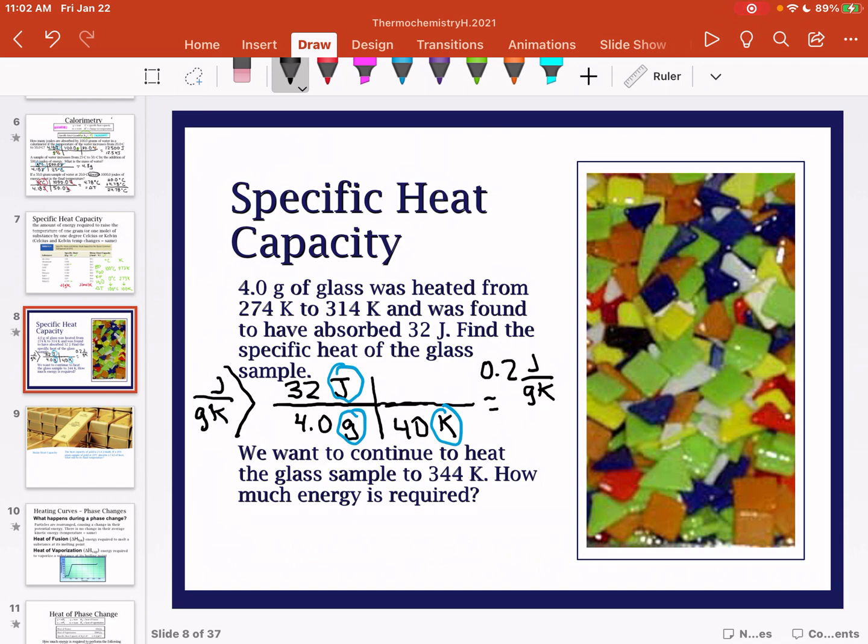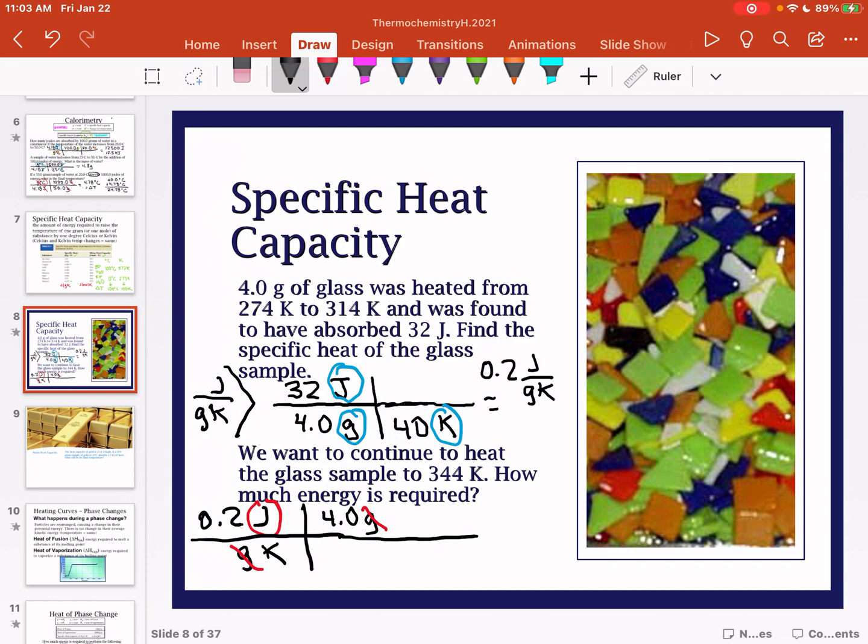So now that we have the specific heat capacity, we'd like to see, if I heat the sample, how much energy is required. So I'm going to start with my constant this time because it has the most units and I want to knock down what I don't want. I want to keep joules and get rid of grams and Kelvin. So I can see that our glass sample was 4 grams from the initial premise. So that's going to cancel my grams.